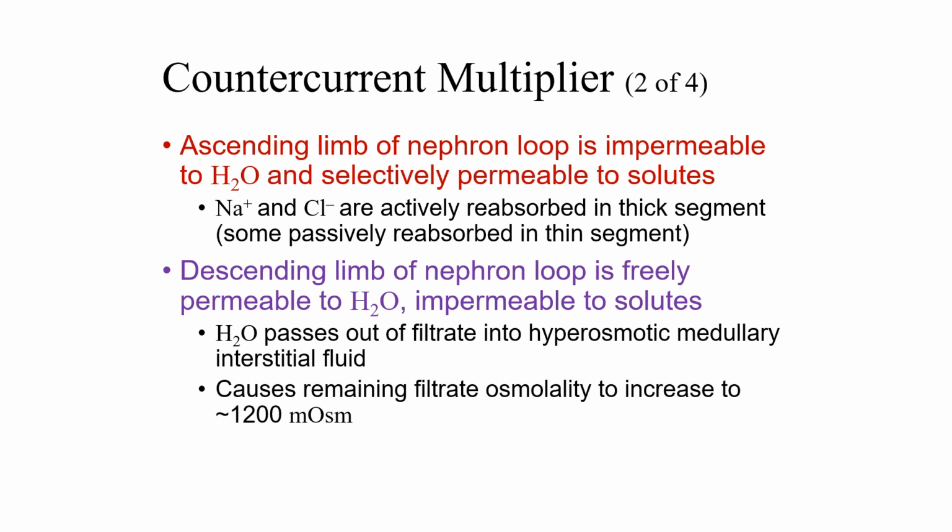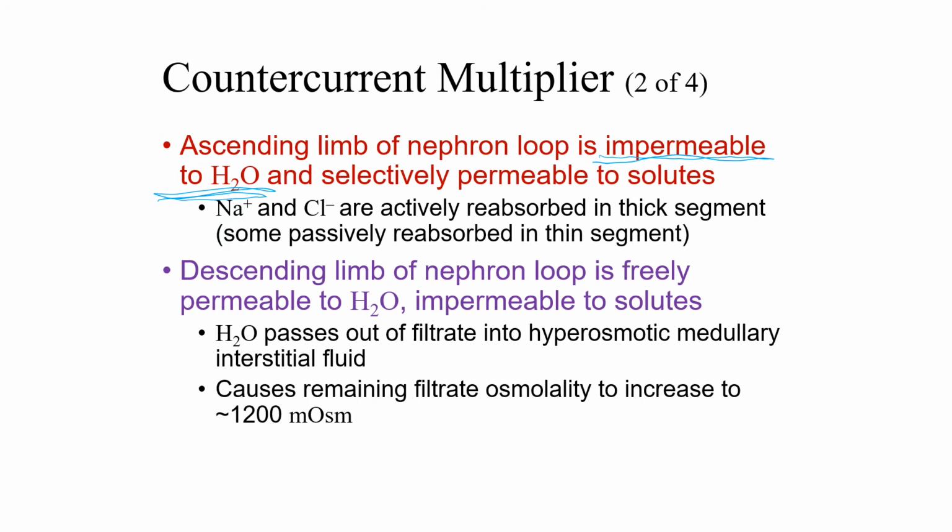So the ascending limb is impermeable to water. What does that mean? That's right, water can't get out, but it is selectively permeable to solutes, to molecules, especially sodium and chloride.